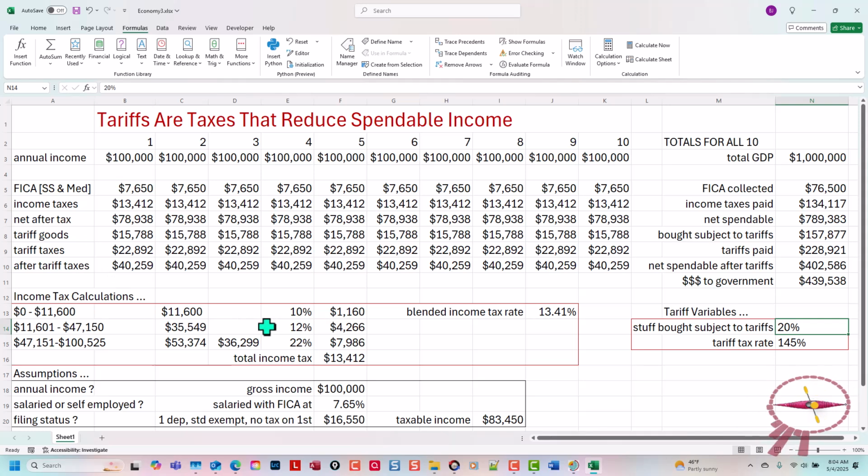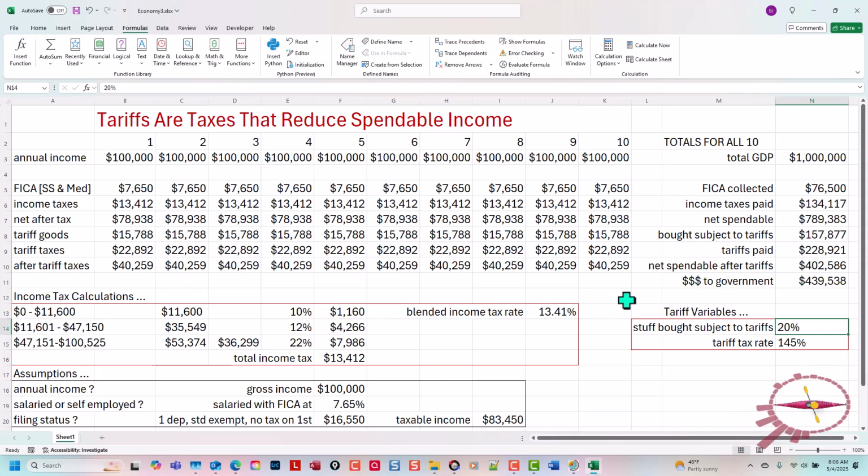And again, that means that 80% of what we want to buy is going to have to be bought for $40,000. Now, the trend here is pretty significant. The higher the tariff tax rate, the greater the tariff taxes. The higher the percentage of items we bought that are imported, the higher the tariff taxes, because we're spending more money on imported goods. Now, we can take this a little bit further, and let's assume that we'd like to know how much foreign stuff we could buy and have all the money spent on imported stuff take up all of our spendable money.